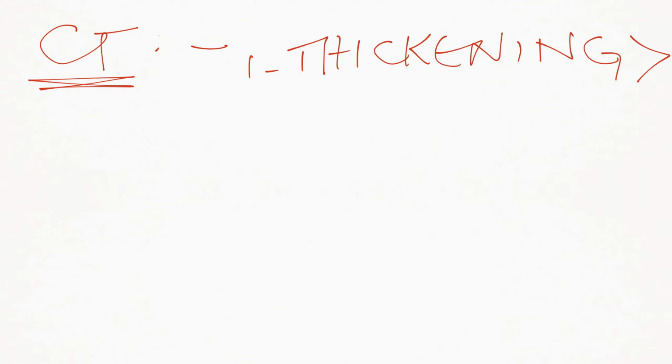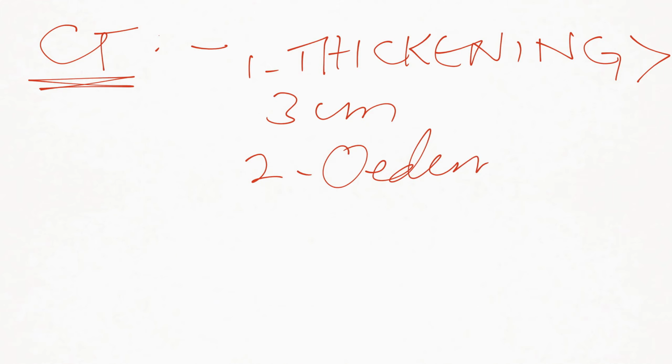Now the third set is the CT, and they will ask you what your findings are in the CT scan. So you have 6 findings that you have to know well. Number one, you will find substantial wall thickening. It will be mostly more than 3 centimeters, okay. Number two, you are going to find edema on the CT scan.